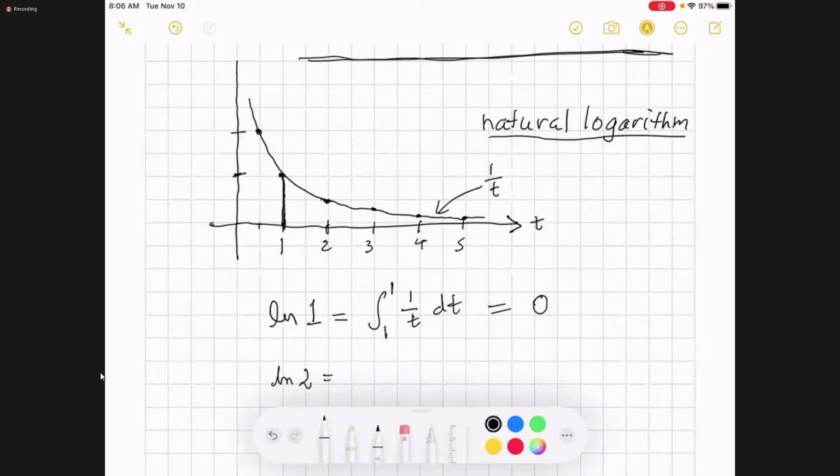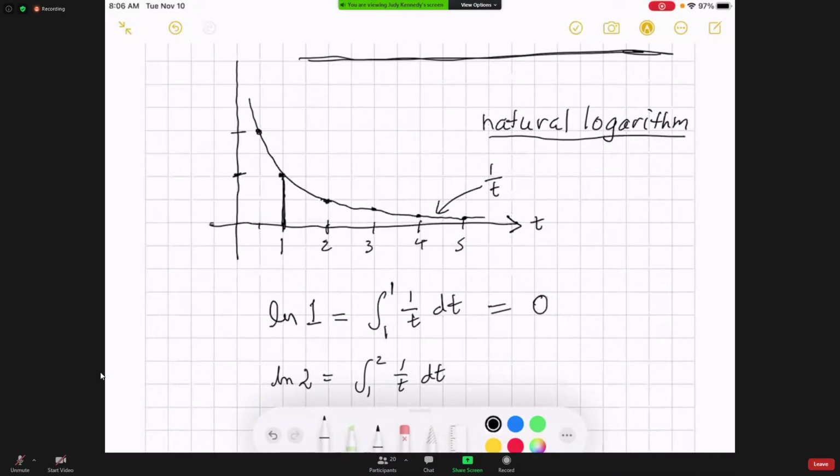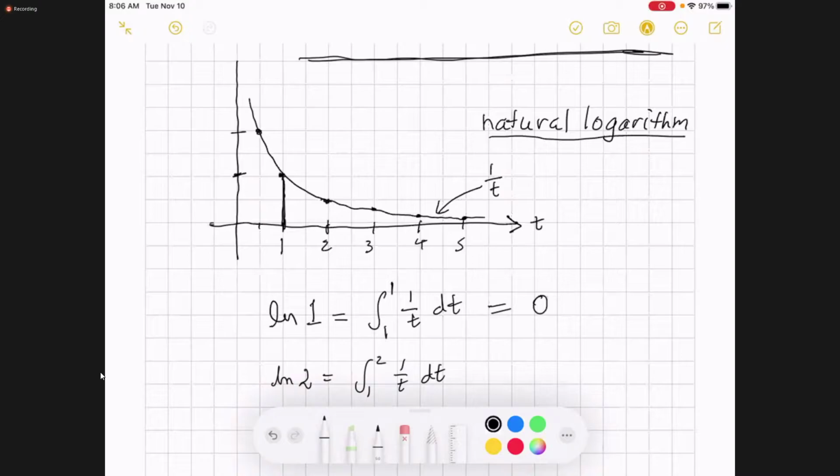Well, what's ln of 2? It's not so easy to figure out exactly. But what does ln of 2 represent? It is a definite integral from 1 to 2 of 1 over t dt. This is one of your properties of integrals.